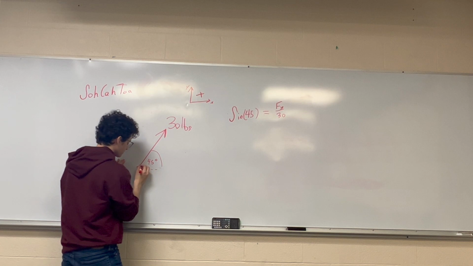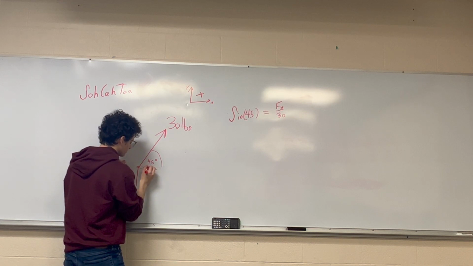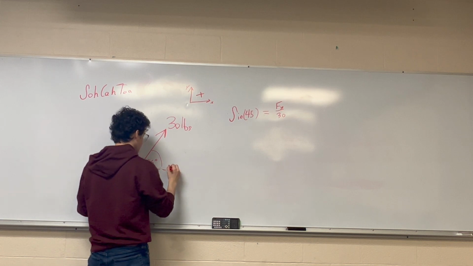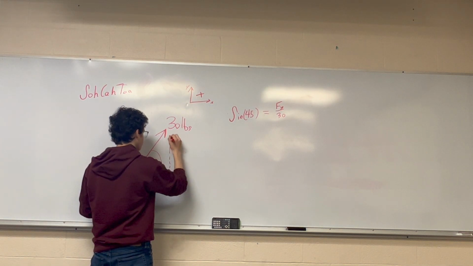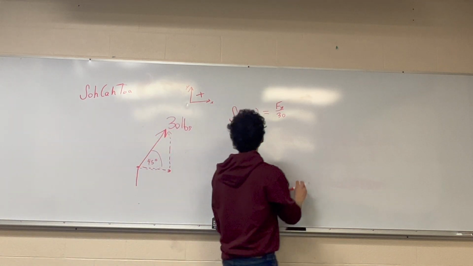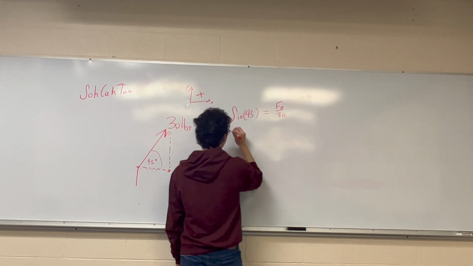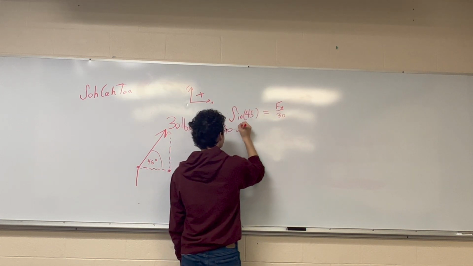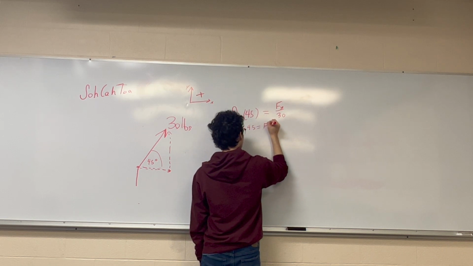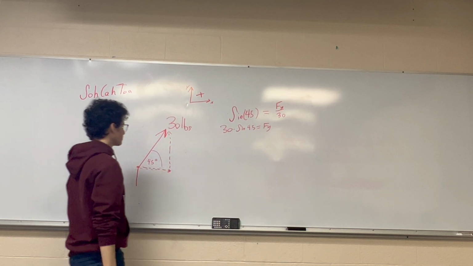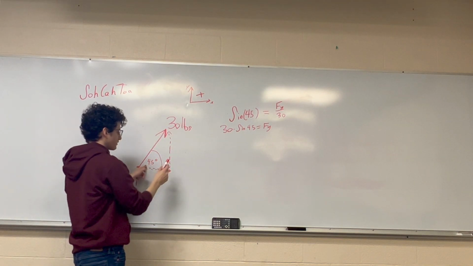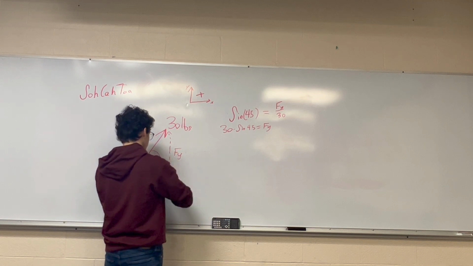If you think about it, there's a y component, there's an x component over here, and there is a y component on this side. 30 times sine 45 equals Fy. We're using sine to find our Fy because it is opposite of the 45 degree angle. This is Fy, this is Fx.